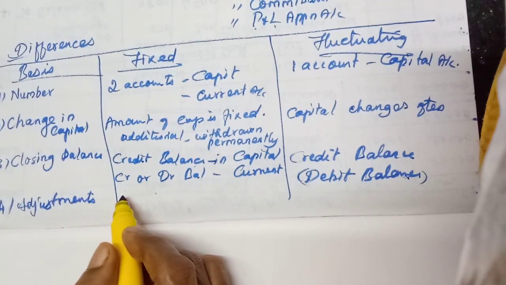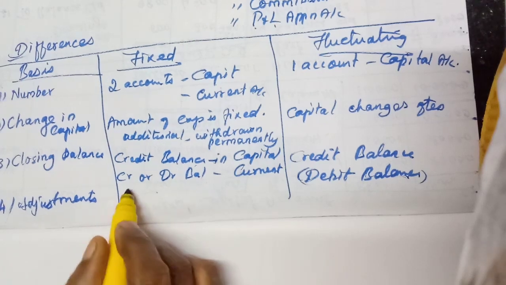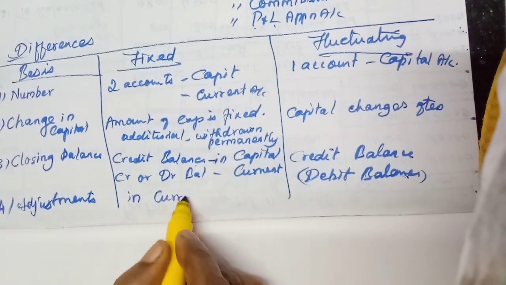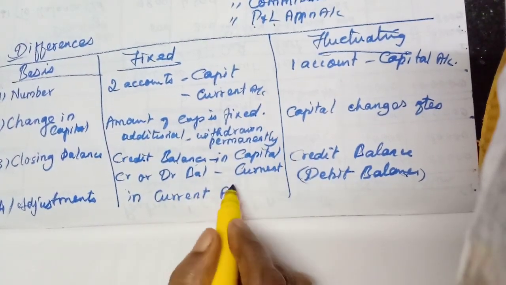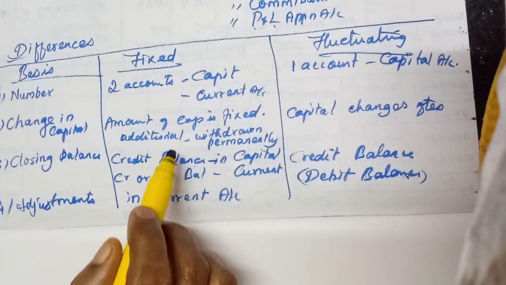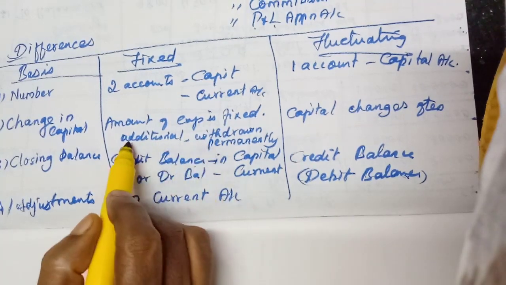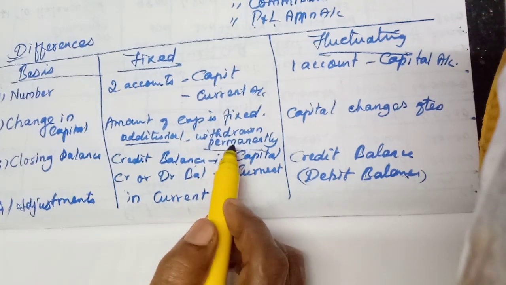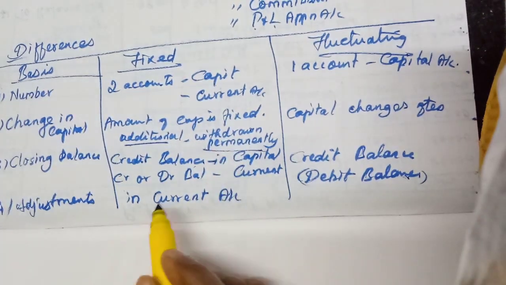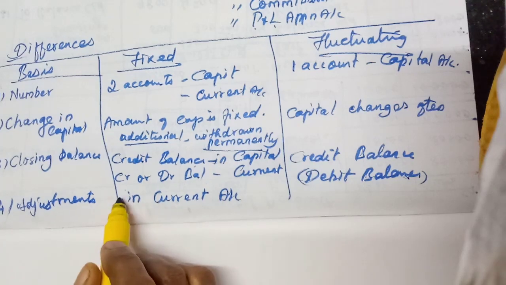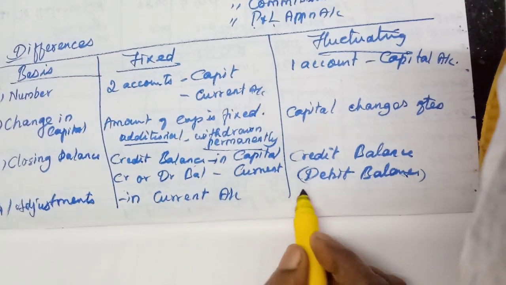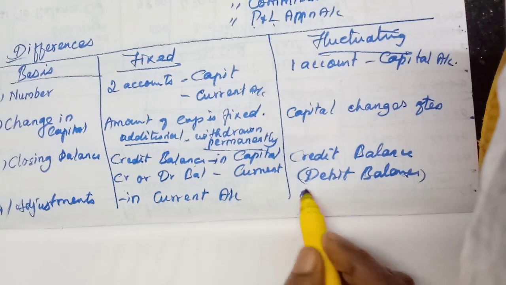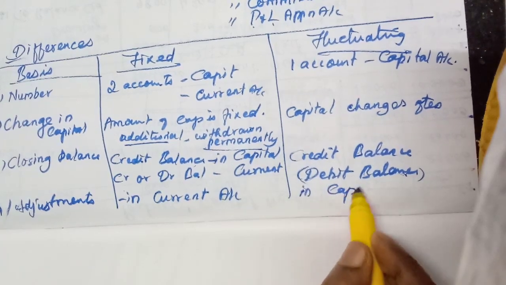Here all the adjustments are done only in the current account. But even in the capital account we do, isn't it? The additional capital, then any amount withdrawn permanently, we will adjust. But all the other adjustments are done only in the current account.